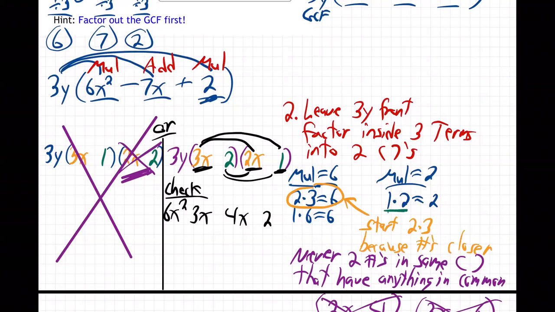Well, now it's all about the middle. These 2 in the middle have to add to be the middle. How can 3x and 4x make negative 7x? Both negative. These add to be negative 7x, don't they? Think about money. If you lose $3 and you lose $4, you lost $7.